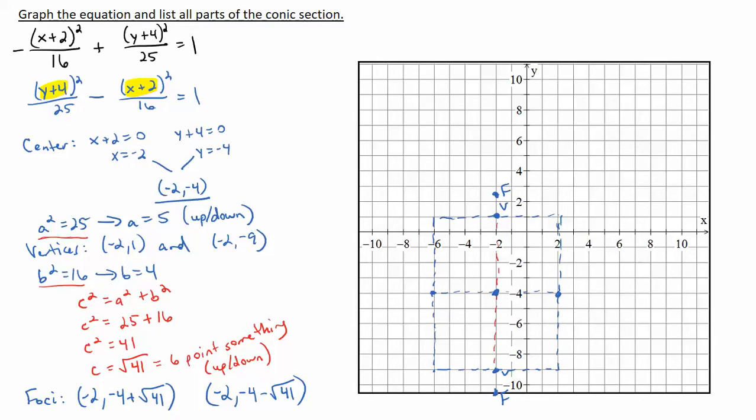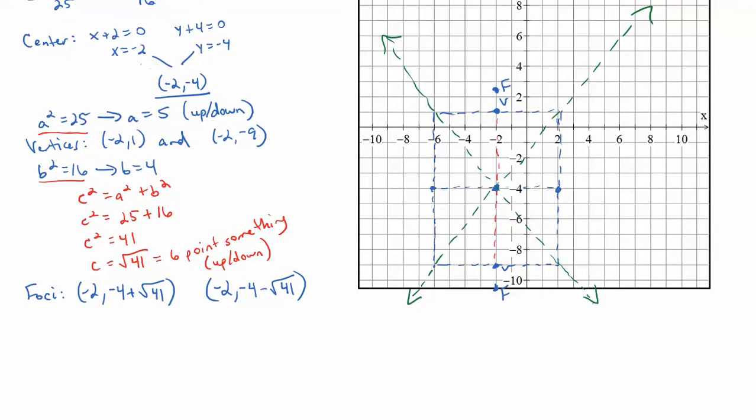Now I can draw my asymptotes through the corners of this center rectangle. And through the center, of course. So let's list the equations for those. They both go through the center, so that's going to be our point for our point-slope form.